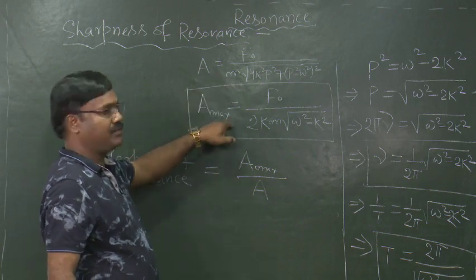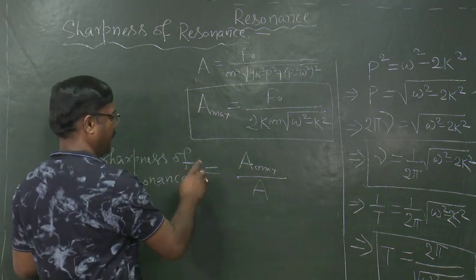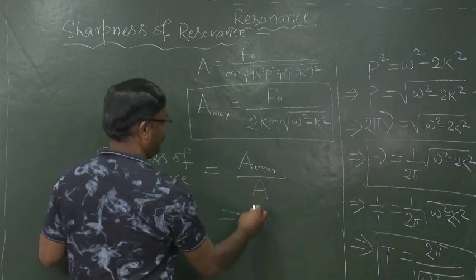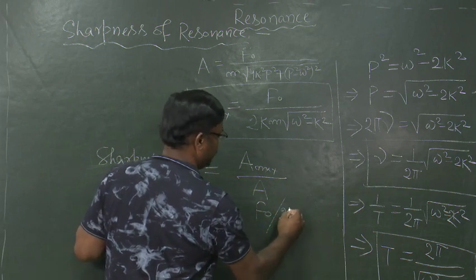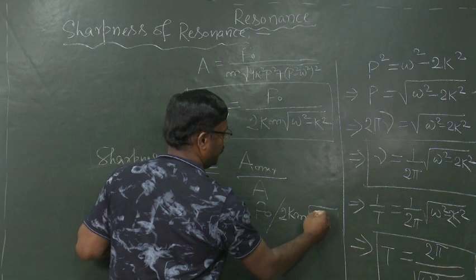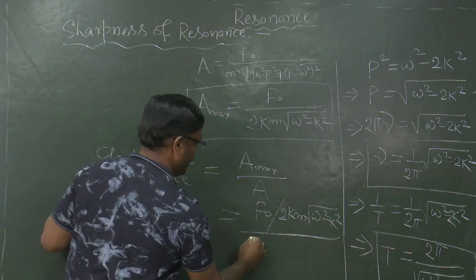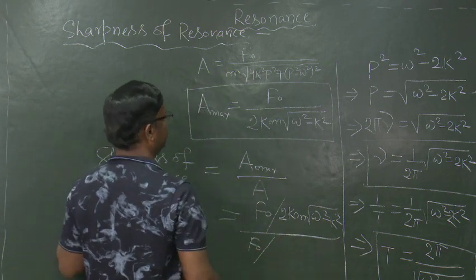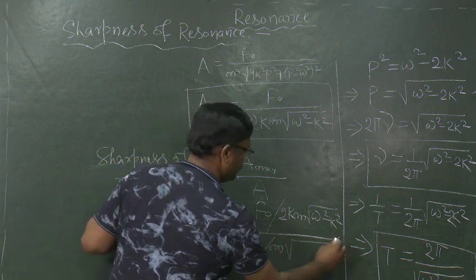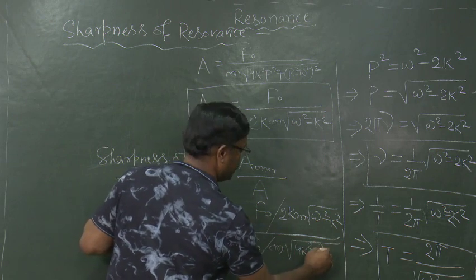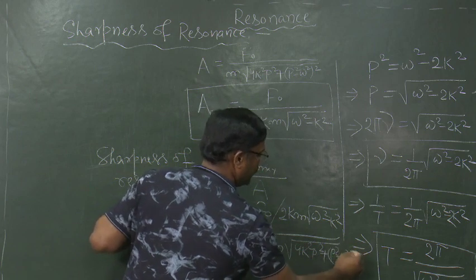Now, putting these values here, we can write sharpness of resonance as A max by A, which is equal to F0 by 2 k m root over of omega square minus k square, divided by F0 by m into root over of 4 k square p square plus p square minus omega square whole square.